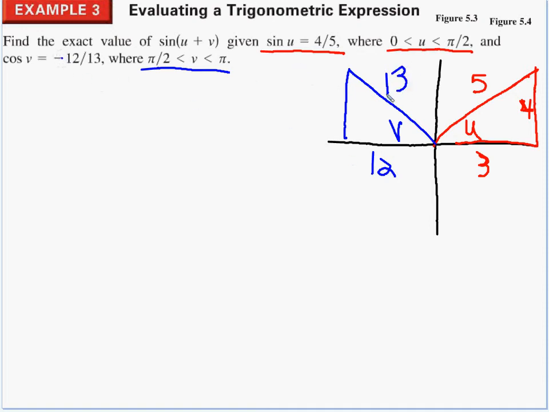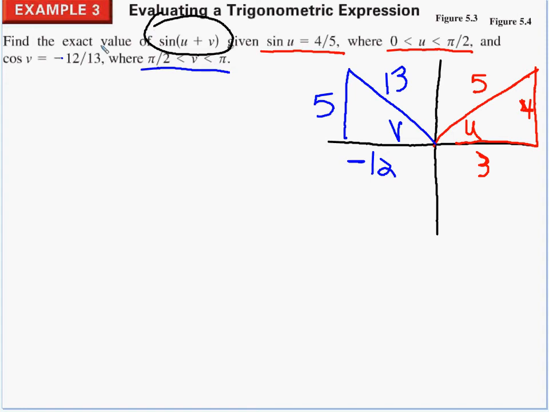The hypotenuse is never negative, and think if we're graphing a point, if we're moving to the left of the origin, our x values are negative. Missing side here would be a 5, 12, 13, or if you don't have that one memorized, quick Pythagorean formula will get you that missing side. So now we get to use our formula, the sine of a sum.